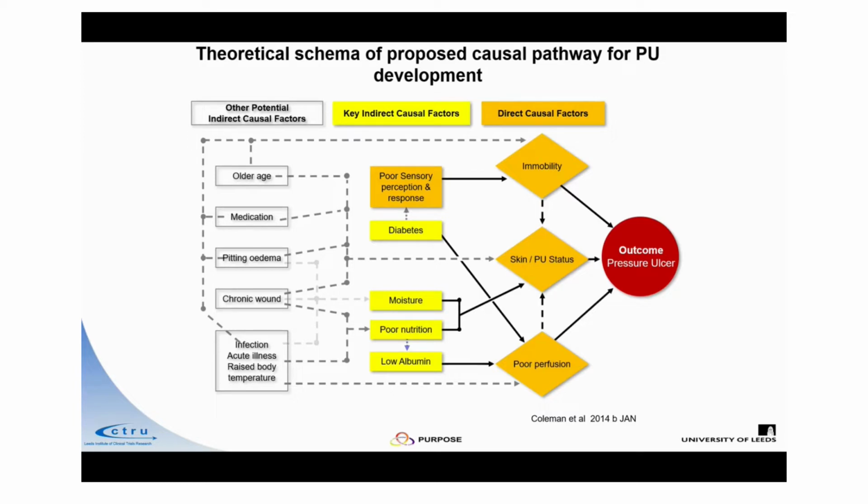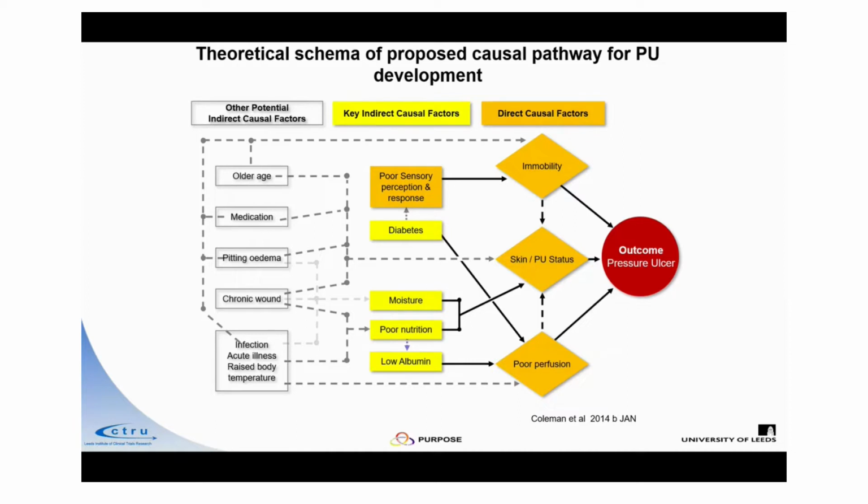In some studies, it's come out as an important predictor. But if you follow the dotted line, you can see that older age affects immobility. Older age affects skin status, and it also impacts potentially on comorbid disease, which affects perfusion.